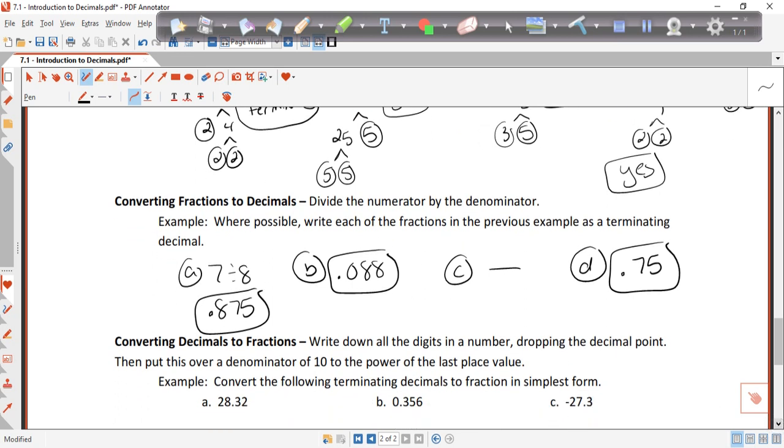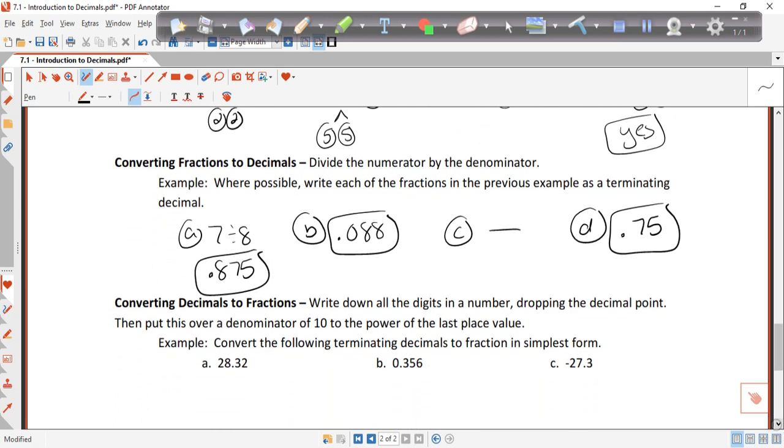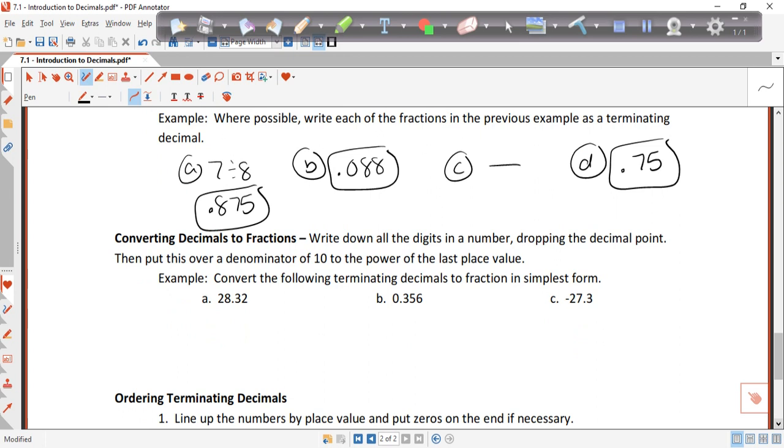Going the other direction, converting decimals to fractions, you're going to write down all the digits in the number, dropping the decimal point, and then put it over a denominator of 10 to the power of the last place value. Now, when you're doing these, I want to see your original fraction. So on this one, I do 2832.